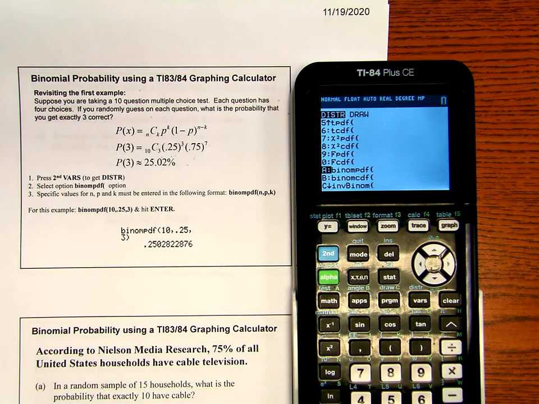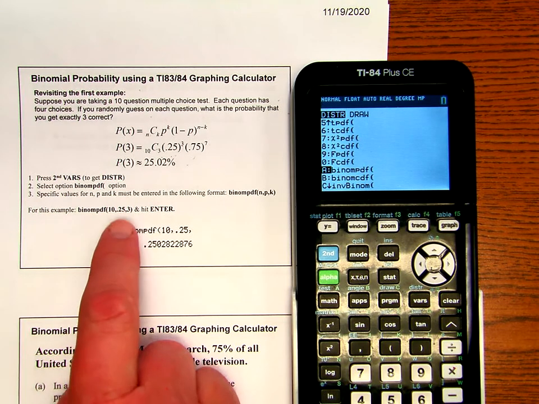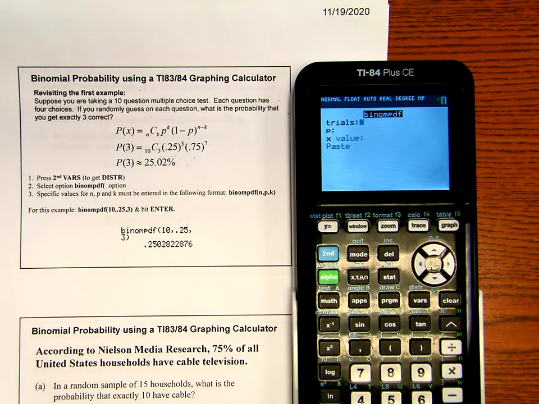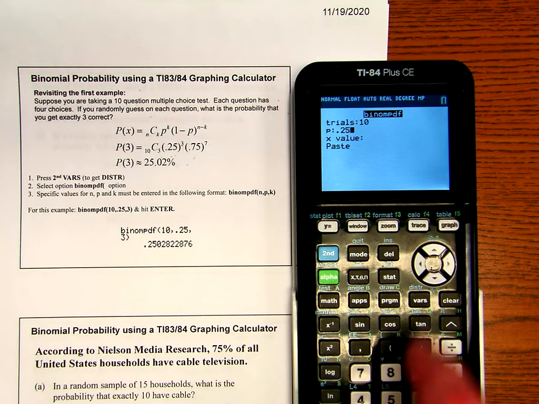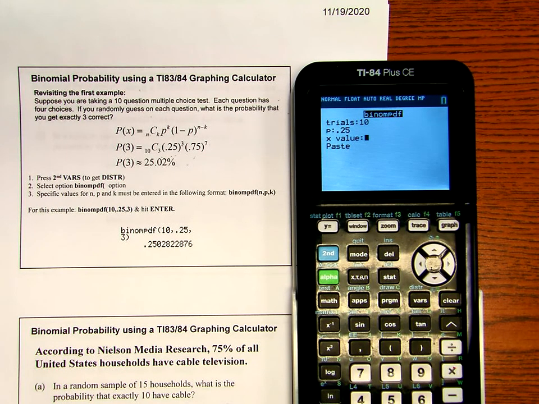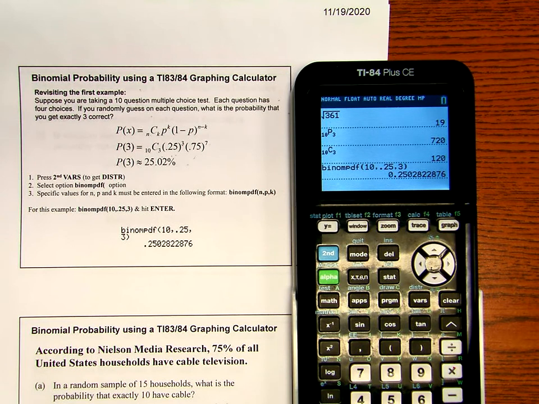Binomial PDF is used in a situation where we're interested in an exact number of successes. So in this case, exactly 3 successes. We're going to choose that. The number of trials, 10, each time we guess. Probability of success, 0.25. We're interested in 3 successes. Enter, and here's your 0.205.